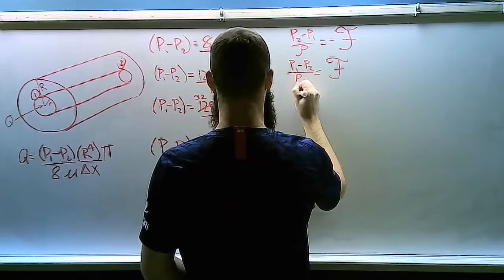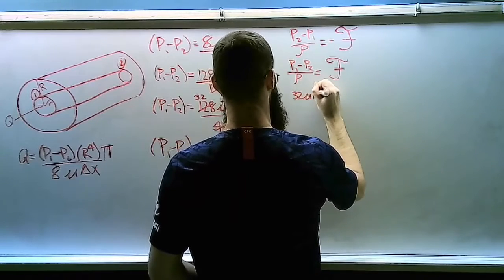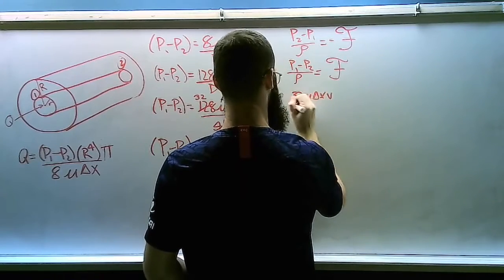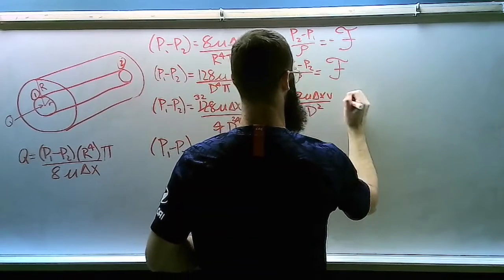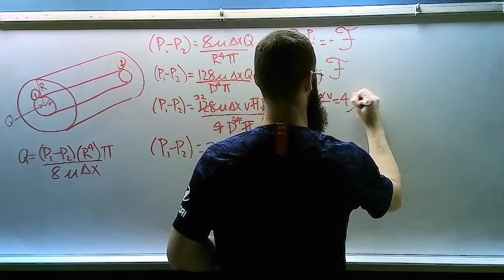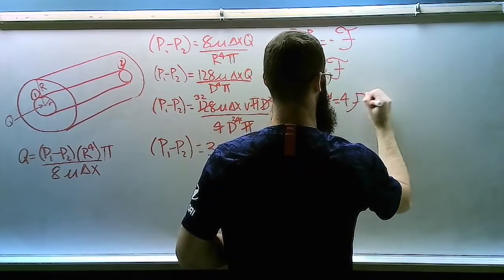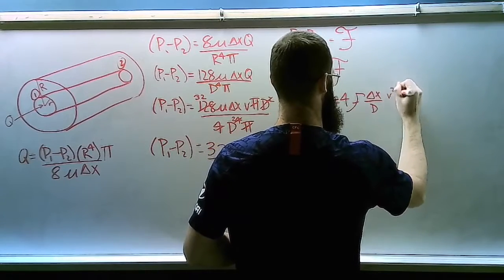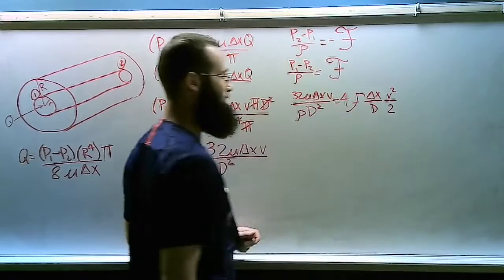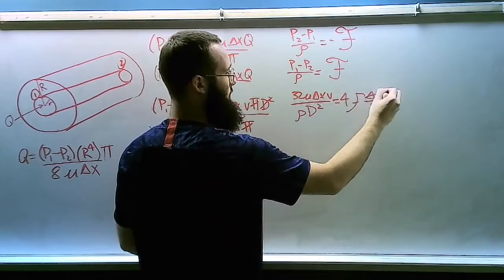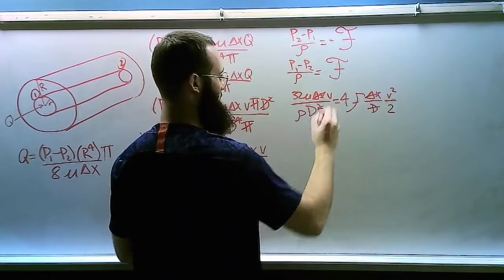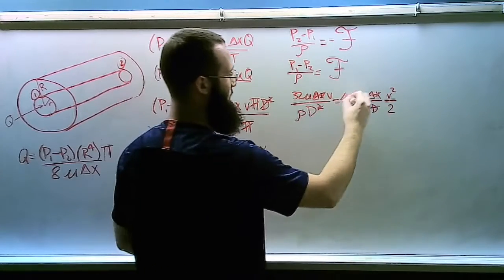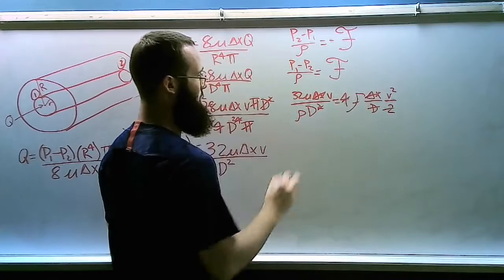So that leaves us with 32 mu delta x v over d squared times rho is going to be equal to 4 f delta x over d times v squared over 2. So delta x on either side can cancel, d on either side can cancel. This 4 and this 2 cancel, leaves us a 2 here.